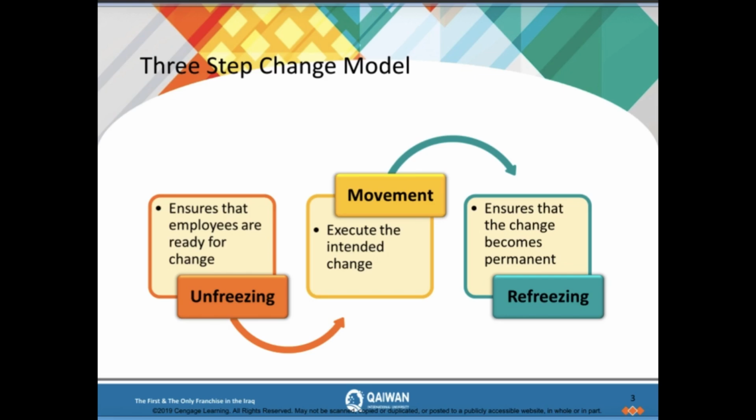This means making the change permanent. After implementing the change, the organization needs to ensure that people do not go back to old habits or the old system. So in a very simple way, you can remember this model like this: first we prepare people, then we implement the change, and finally we make it permanent.